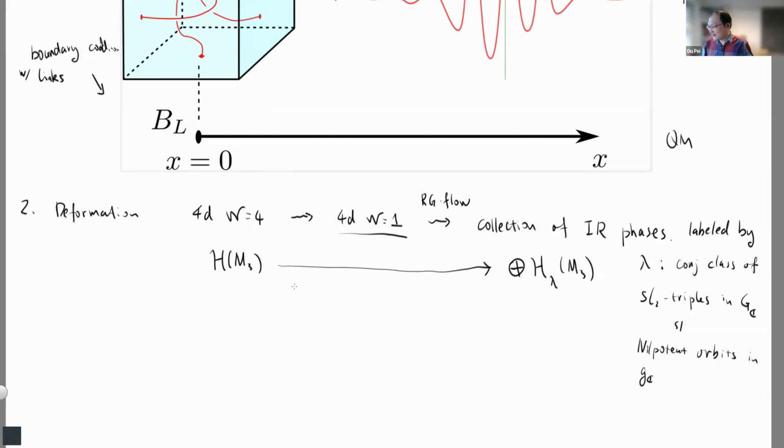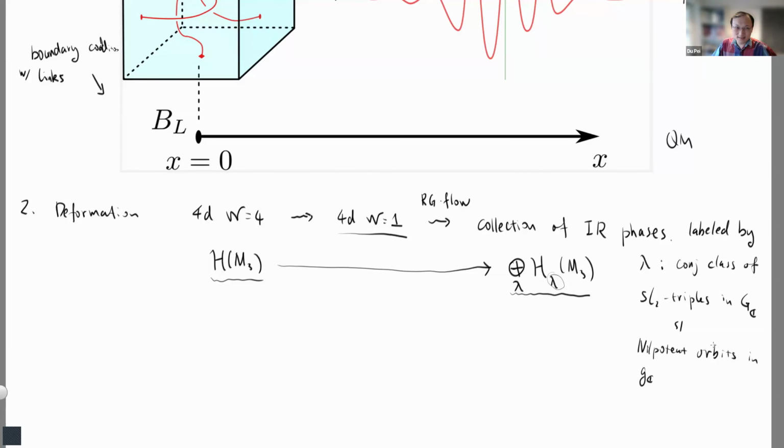So what's going on is that there's this space that is rather complicated, but then one can deform it so that it becomes something that can be understood. So here already we understand what the label is. That's just conjugacy classes of SL2 triples or nilpotent orbits.